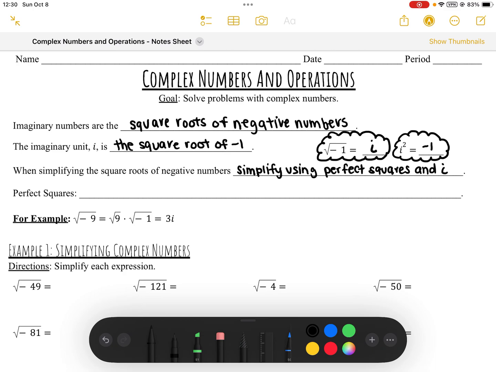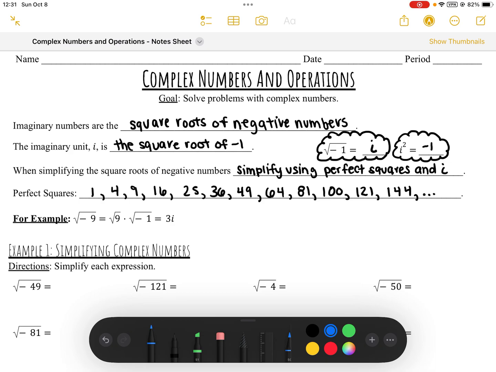So our perfect squares, we've talked about these before, but it's been a little bit. So our perfect squares are 1, 4, 9, 16, 25, 36, 49, 64, 81, 100, 121, 144, and this list continues to go on.